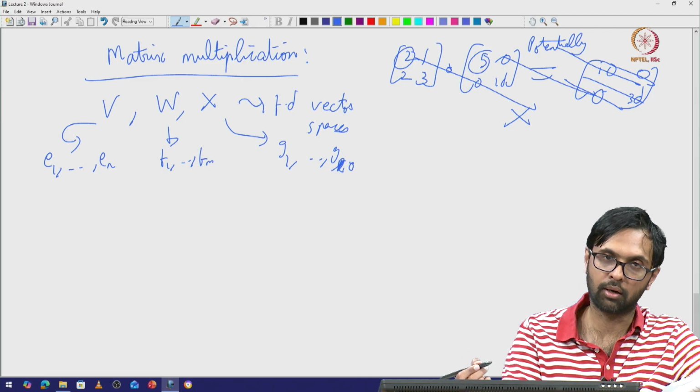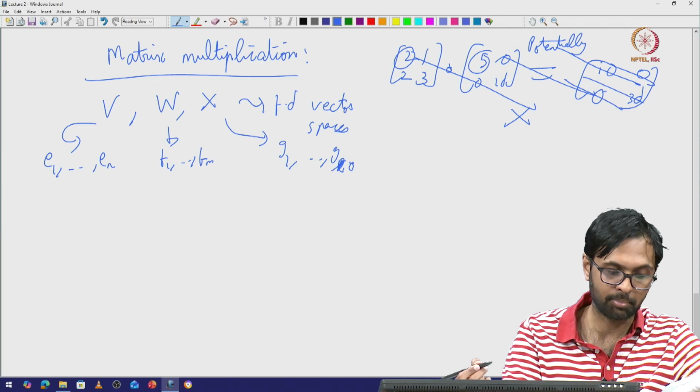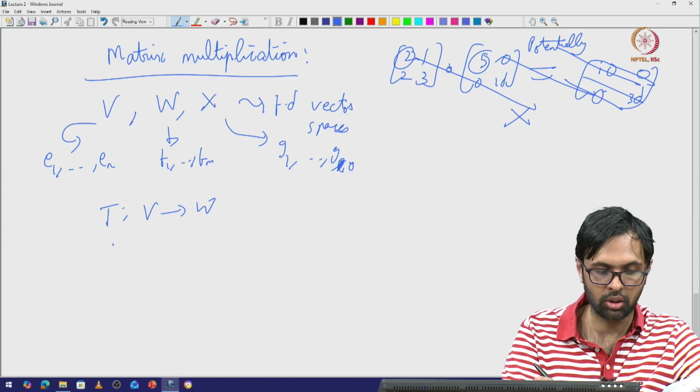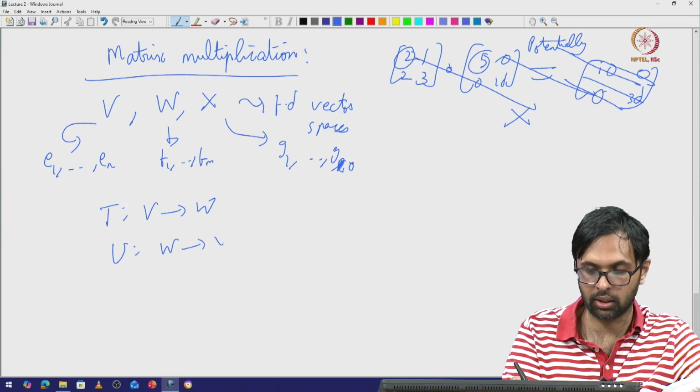Suppose T from V to W and U from W to X are linear maps.